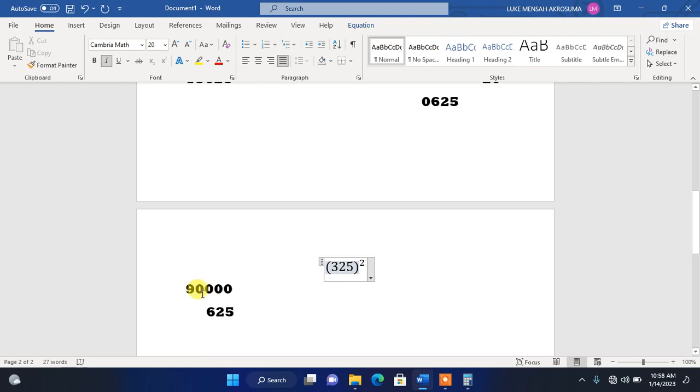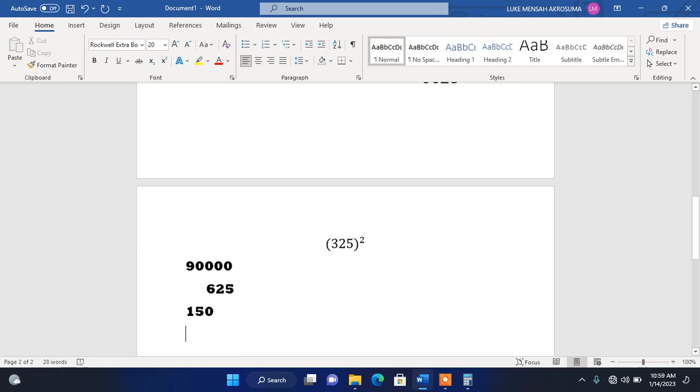Because we are getting a three-digit number as our answer, we have to bring it just vertically opposite the first significant figure of the first square number. So in that case, we write 150. Good. We find the sum of all these numbers in the manner they have been written.